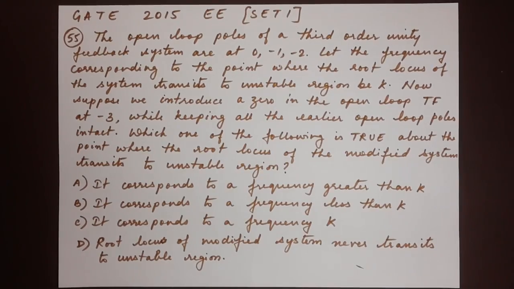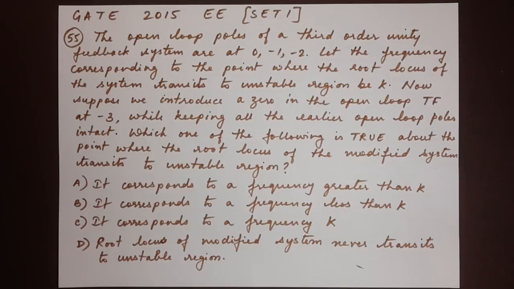Okay, so here's our next question, number 55. The open loop poles of a third order unity feedback system are at 0, -1 and -2. Let the frequency corresponding to the point where the root locus of the system transits to unstable region be k.